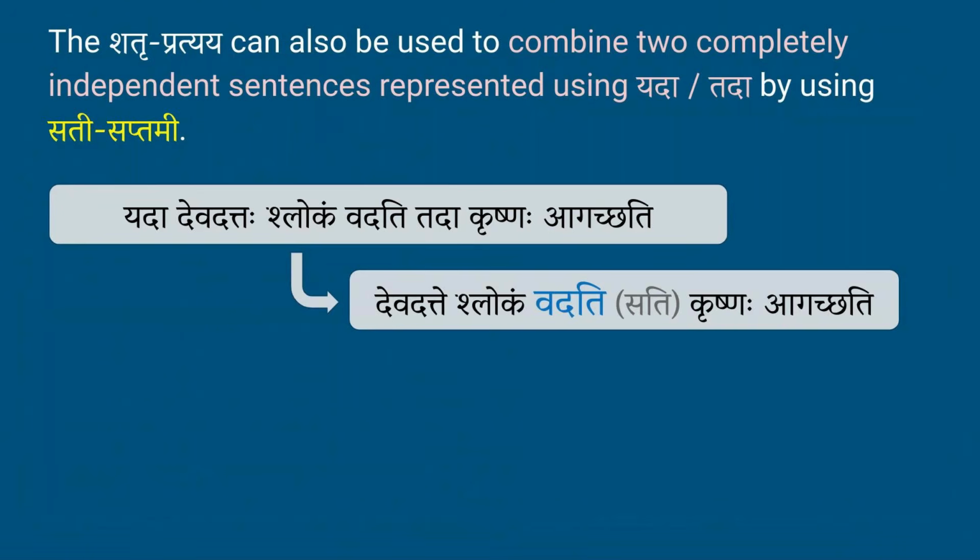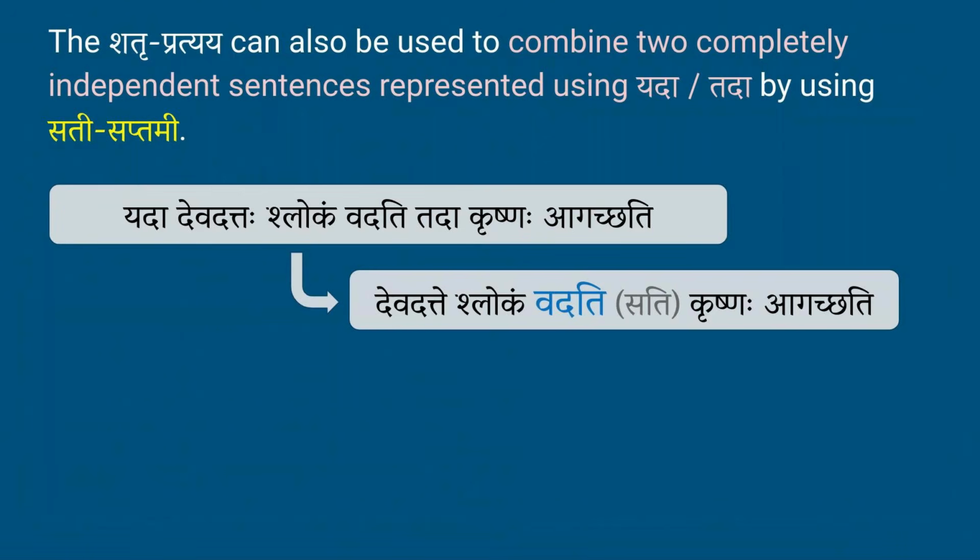The word Devadatta, which was associated with the yada clause, has been used in the Saptami Vibhakti, and the Shatru Pratyayanta form of the verb vada, namely vadat, has also been transformed into Saptami to match the karta Devadatta. The word sati is actually optional, so we can always say Devadatte Shlokam Vadati Krishnaha Agachati.